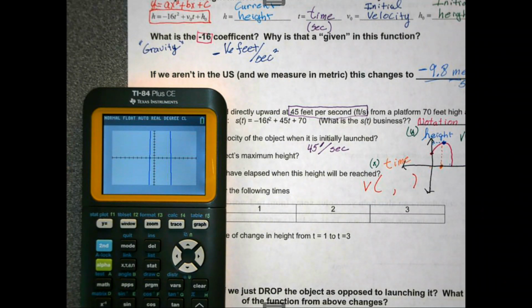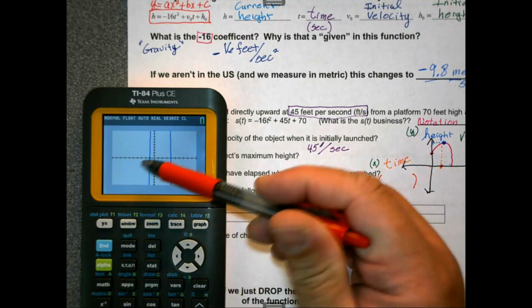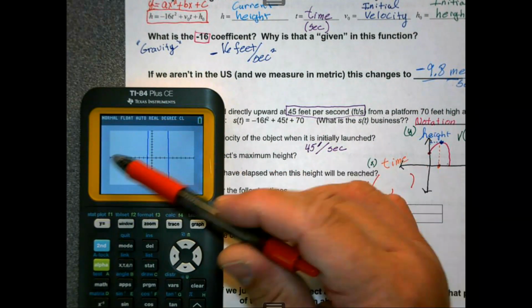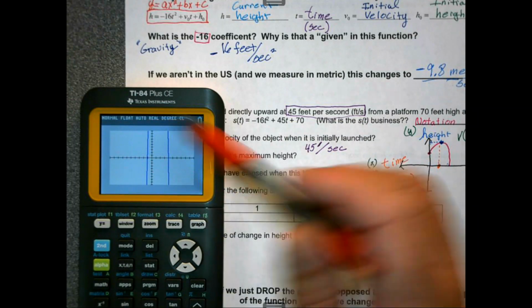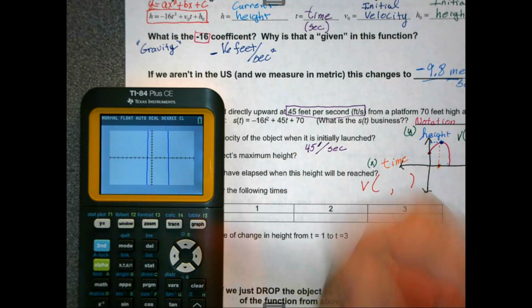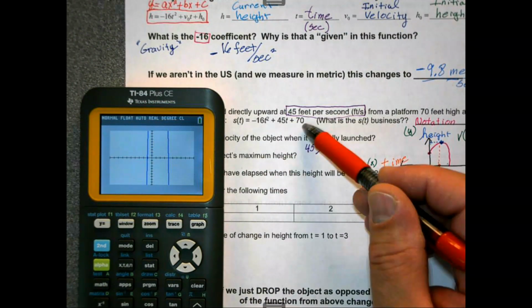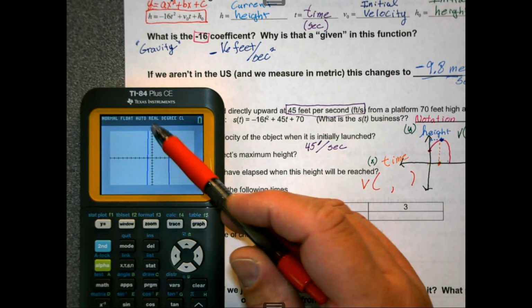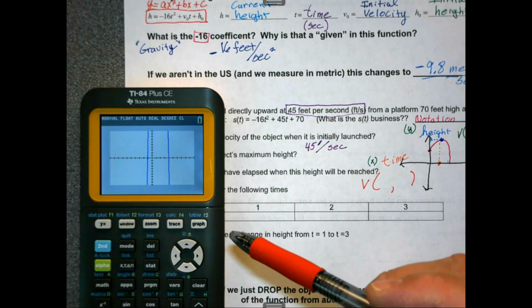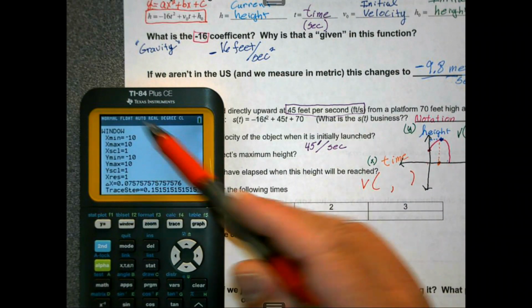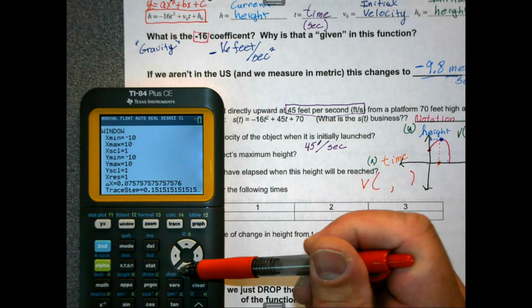Well, it would be nice if I could see that whole picture, right? So here's what I'm going to do. Your calculator defaults to showing only from -10 to +10 for the x-axis, and -10 to +10 for the y-axis. Well, we know that it starts at 70 feet, so it's going to be more than 10 feet for the height. So I'm going to go to my window and highlight the y max.